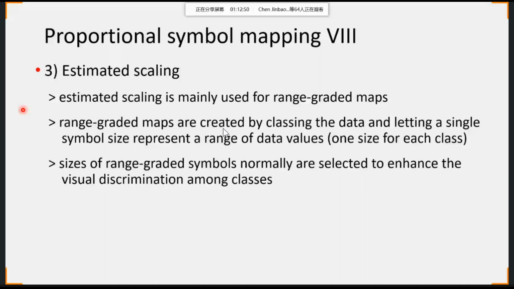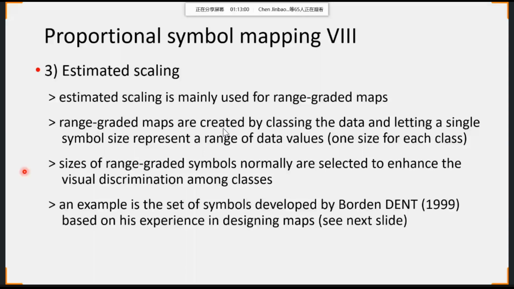Sizes of range-graded symbols normally are selected to enhance the visual discrimination among classes. An example is the set of symbols developed by Gordon Dent, 1999, based on his experience in designing maps.